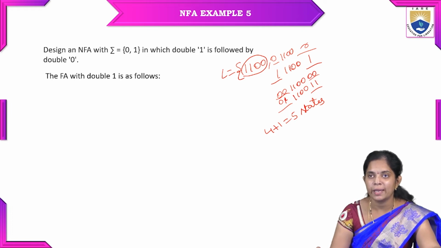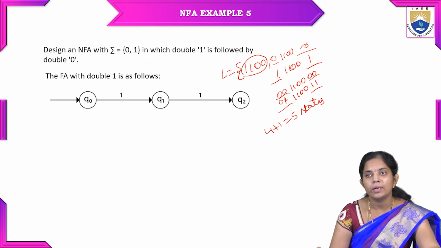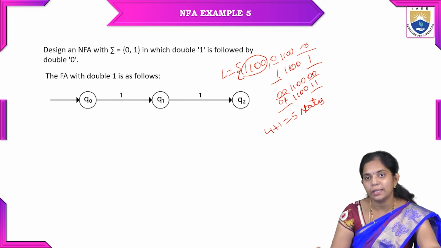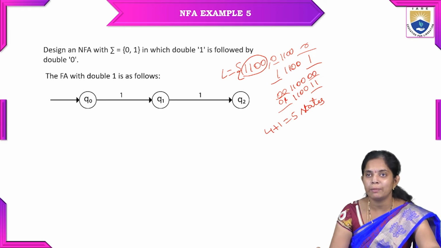For double ones we require a minimum length of 2 and 3 states: Q0, Q1 and Q2. And then double ones followed by double zeros, so we require another diagram for double zeros. The minimum length is 2 and we require 3 states for the double zero.